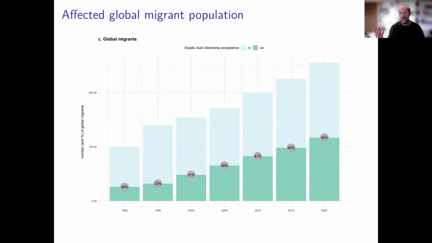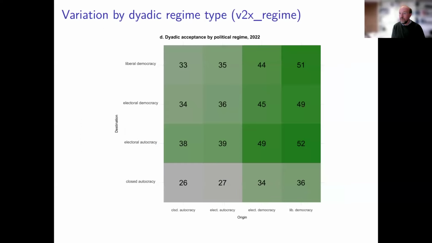So I'm formulating it like this because, of course, we do not measure directly whether migrants have dual citizenship, but these are the number of migrants that reflect the dyadic regulations measured in our data set. We then also link our data to data from V-Dem, the Varieties of Democracy project, which captures the political regime variation over time.